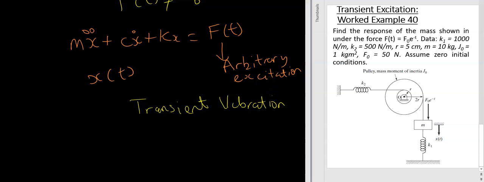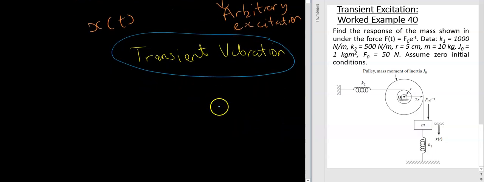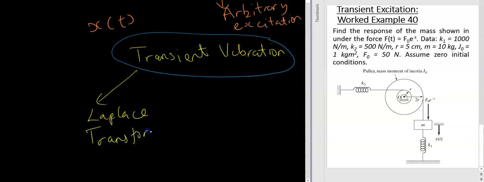And there are two approaches to solve transient vibration problems. One is using the Laplace transform, and the other is to use something called the convolution integral.